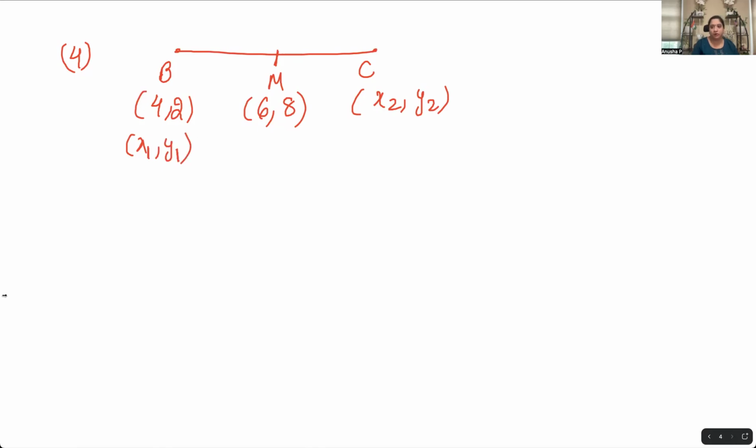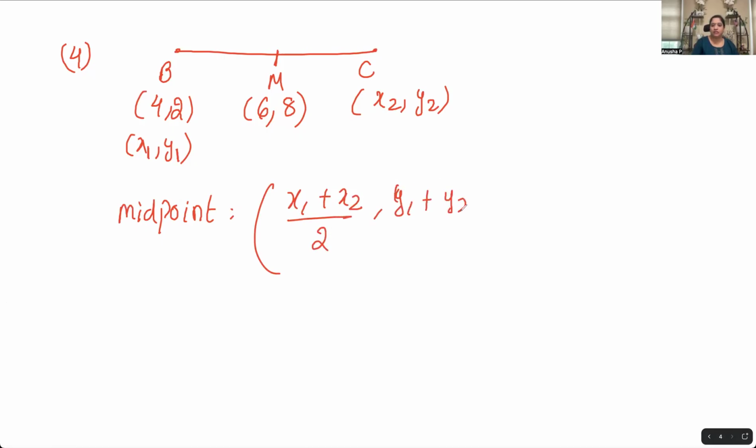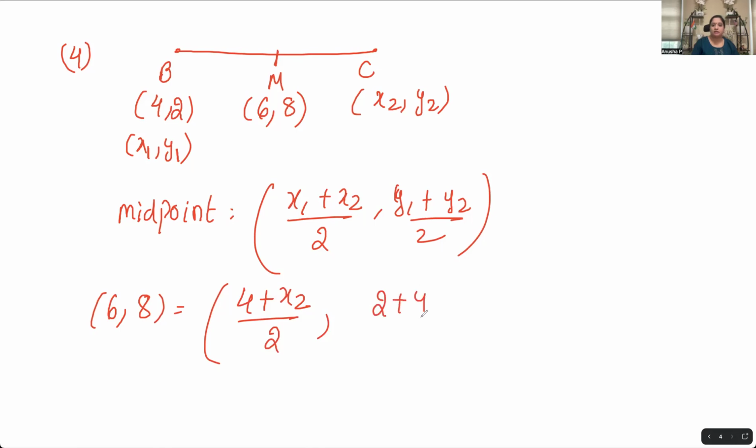So midpoint is nothing but the average of the 2 points: x1 plus x2 over 2 comma y1 plus y2 over 2. Midpoint is 6 comma 8, which is equal to 4 plus x2 over 2 comma 2 plus y2 over 2. Is it clear?